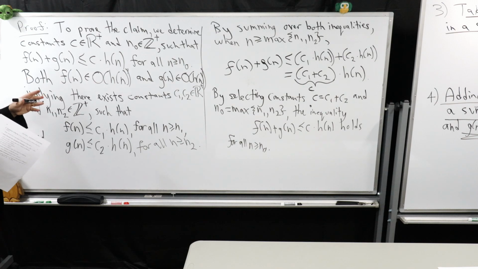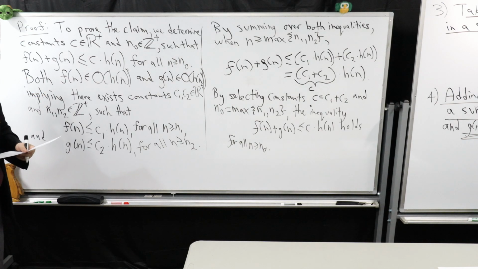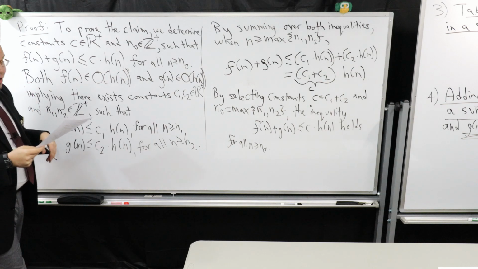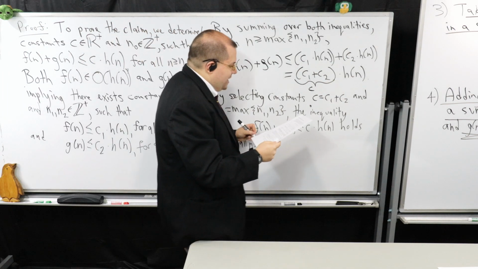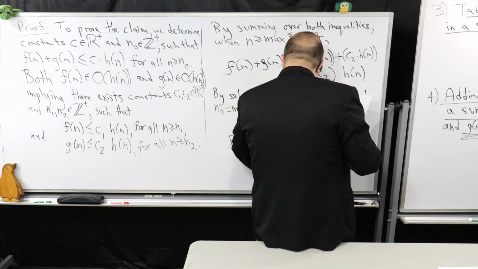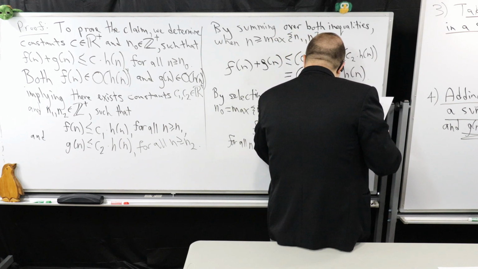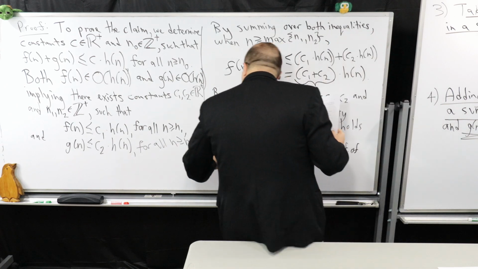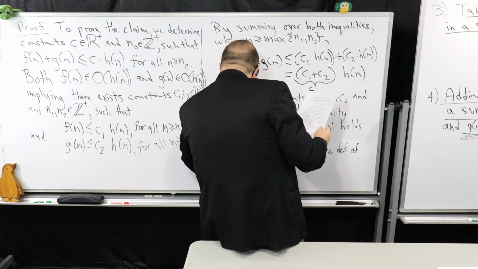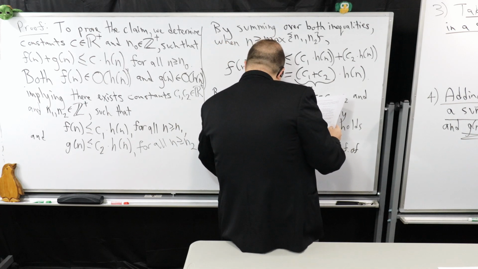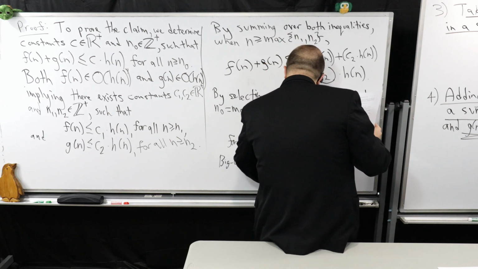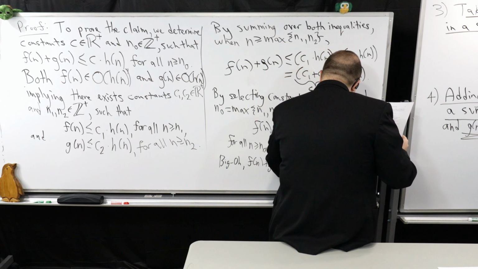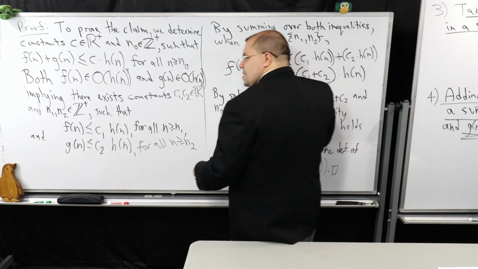So all I have to do at this stage is just one little thing. I just got to give a conclusion, right? I have to attach everything together. Therefore, by the definition of big O, f plus g is big O of h. And we're done.